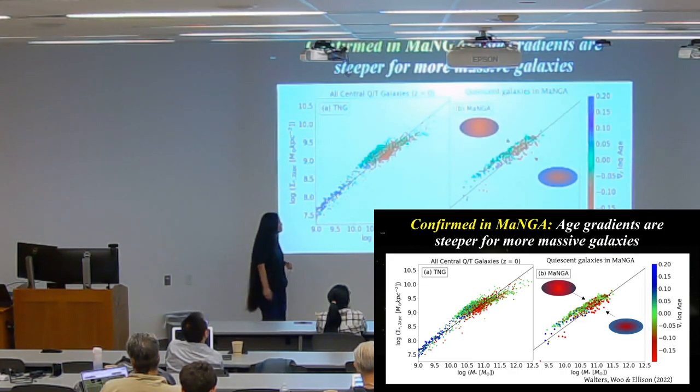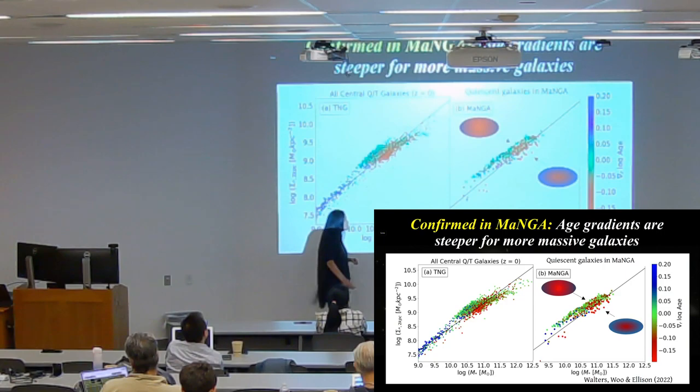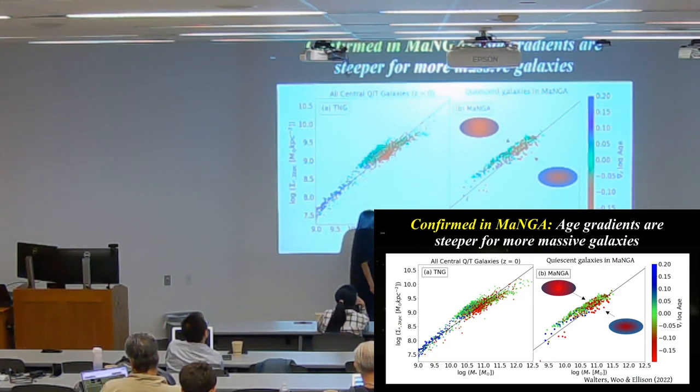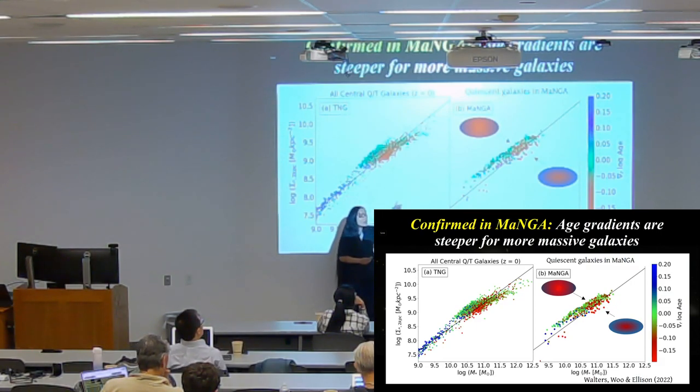Here it is. So in MaNGA, we also have the age gradients such that if you're lower in Sigma 1 or Sigma 2 and higher in mass, if you're more massive, you tend to have steeper age gradients, so you probably quenched more slowly. Whereas if you have higher Sigma 1 or lower mass, you tend to quench more quickly.